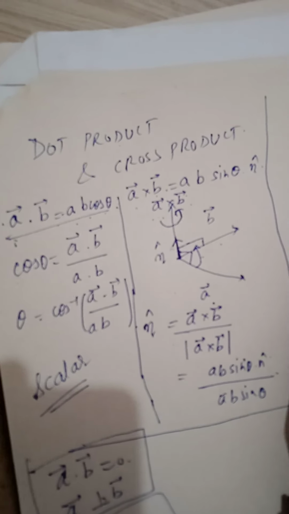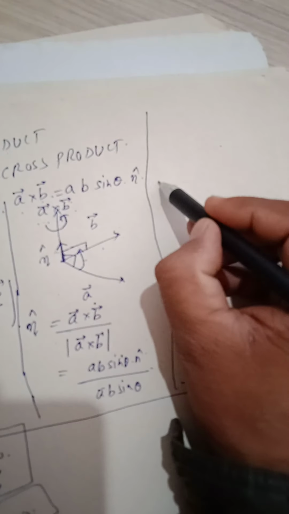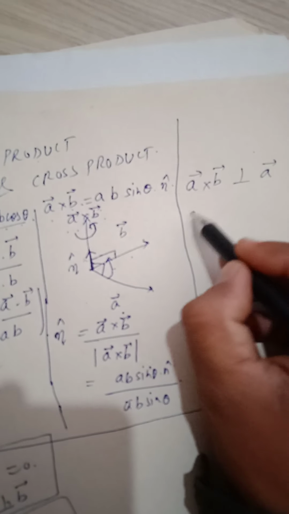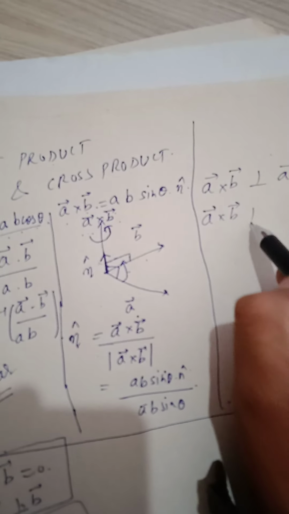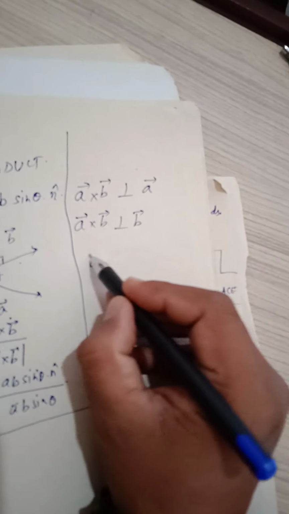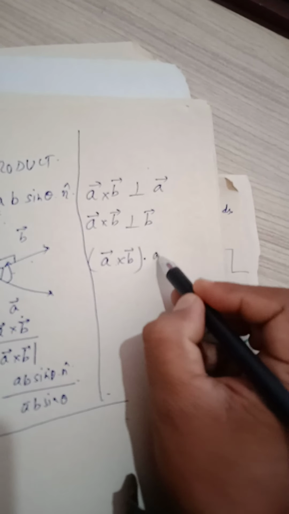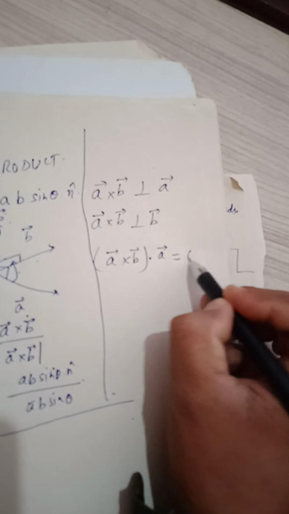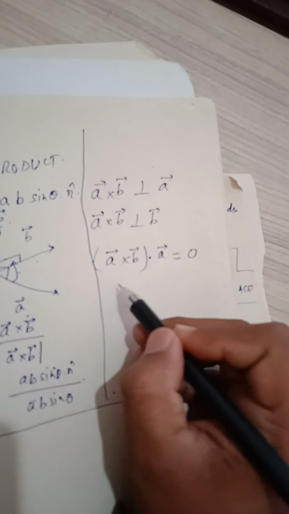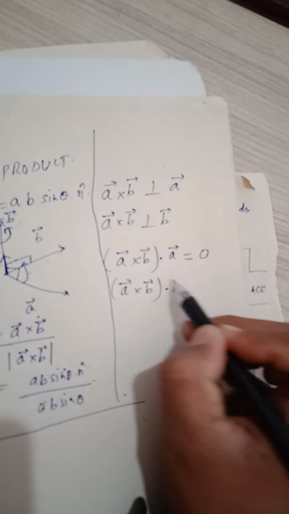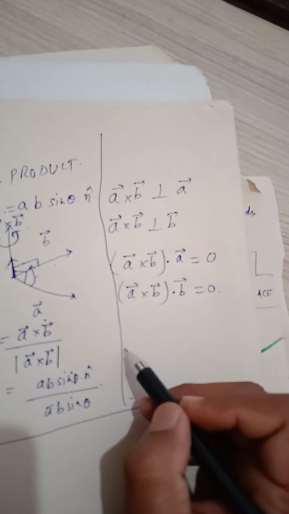So A cross B is perpendicular to vector A and perpendicular to vector B. Hence, A cross B has a zero dot product with vector A and also a zero dot product with vector B.